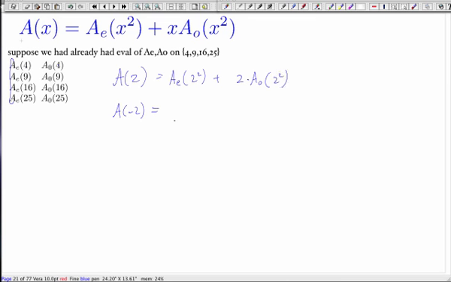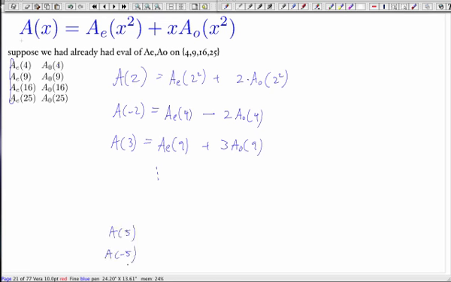And similarly, A of minus 2 should be A even of 4 minus 2 times A odd of 4. And similarly, A of 3 is going to be A even of 9 plus 3 times A odd of 9, and so on. And you can get to A of 5 and A of negative 5.